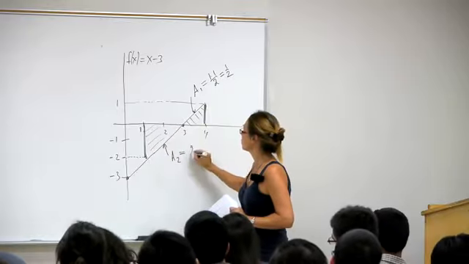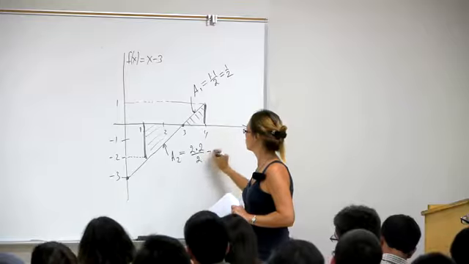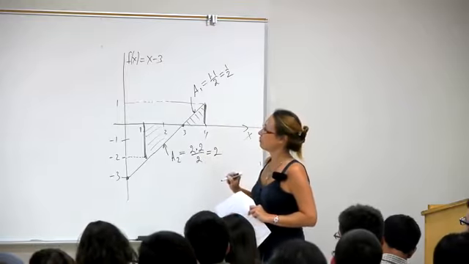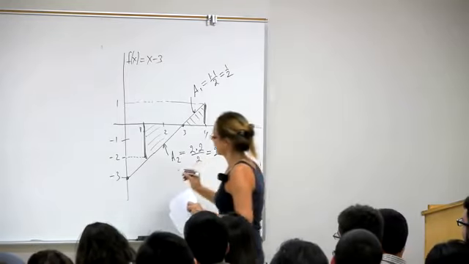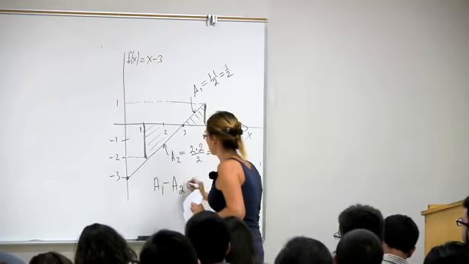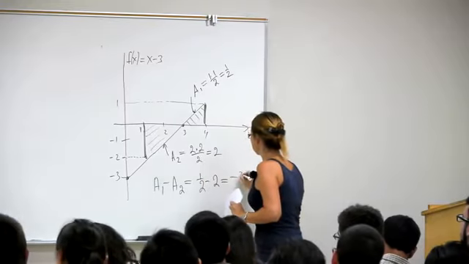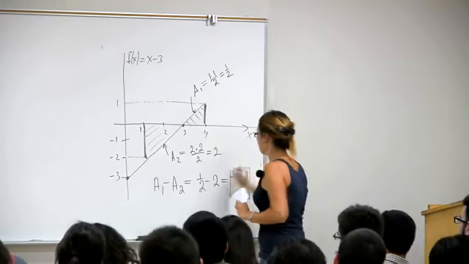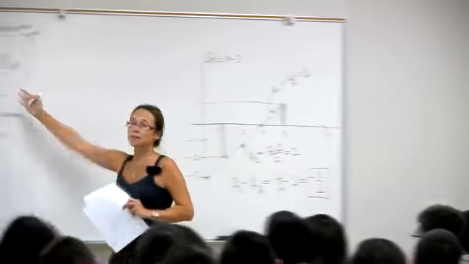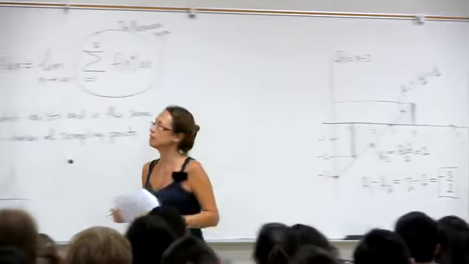So this is 2 times 2 over 2 is 2. So what's the answer? We have A1 minus A2 is 1/2 minus 2 is minus 3/2. So whatever magic we're doing here, we're expecting to get this answer. Right? So let's keep that in mind.